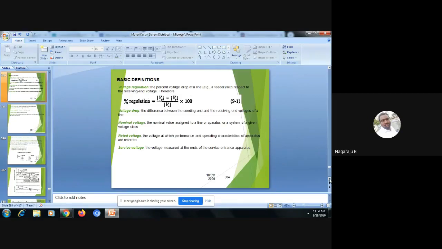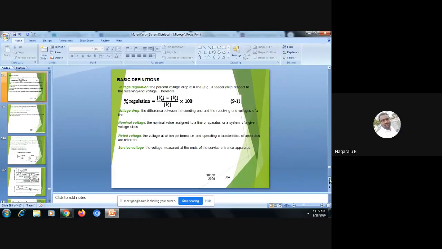Voltage regulation is nothing but the percentage voltage drop of a line with respect to the receiving end voltage. Percentage voltage drop with respect to the receiving end voltage is the voltage regulation.